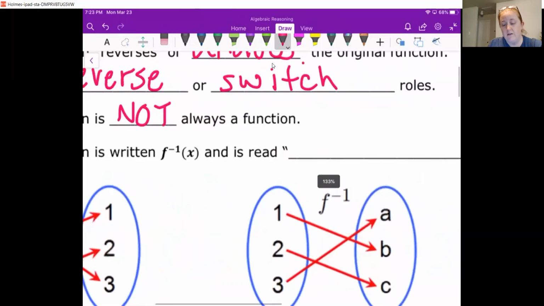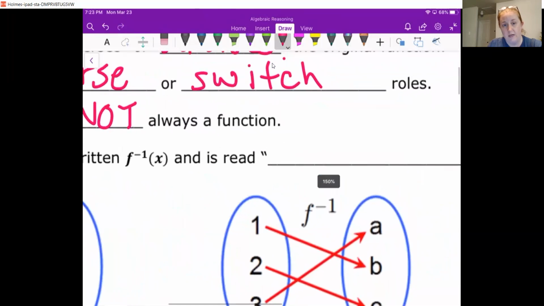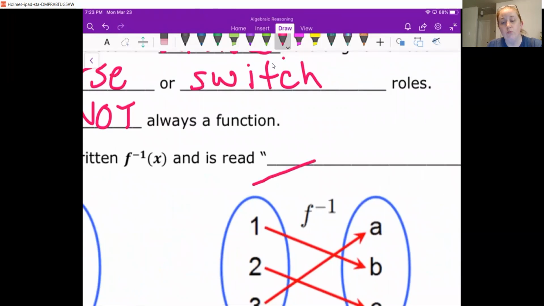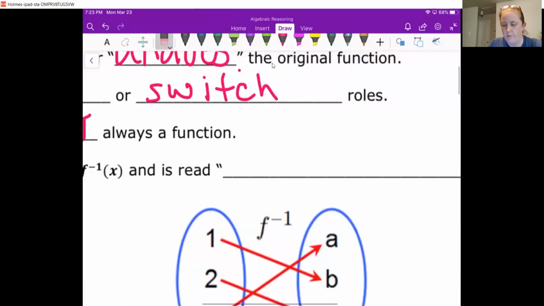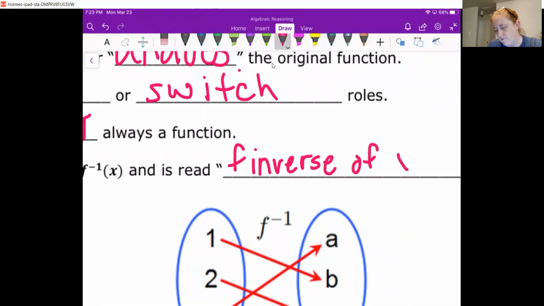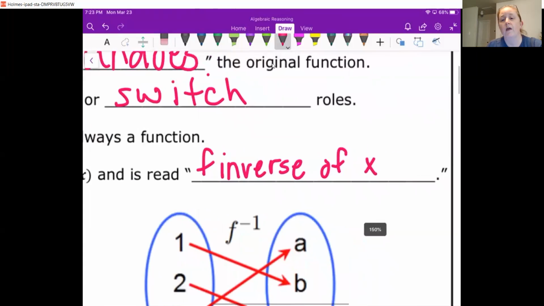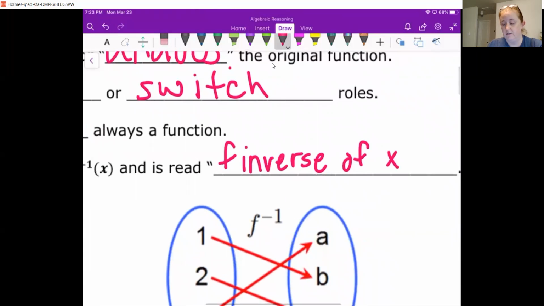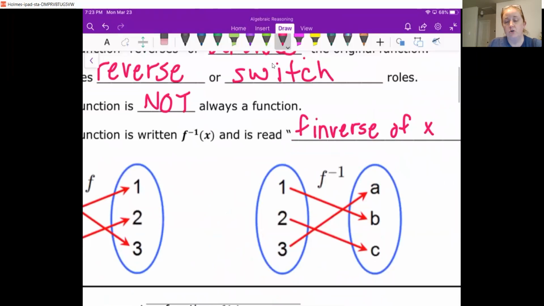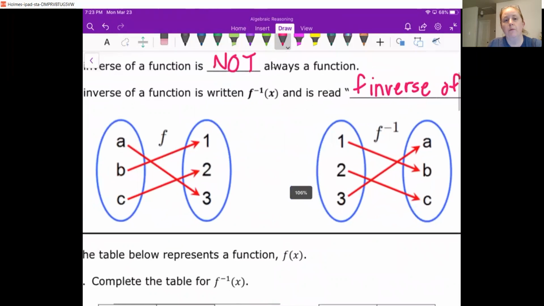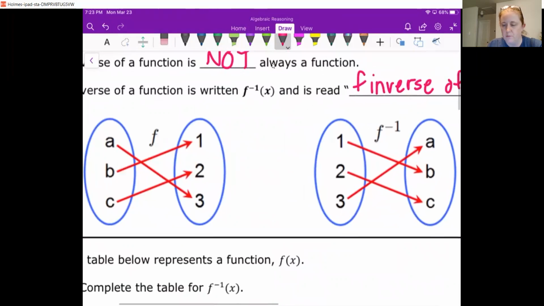So when we see f to the -1 with the x in parentheses, we read it as f inverse of x. Okay, f inverse of x. When we look at these two bubbles we have here, they're also called your mappings.